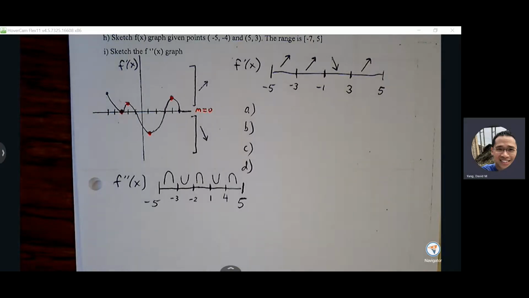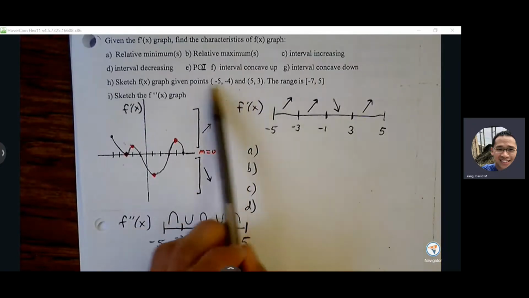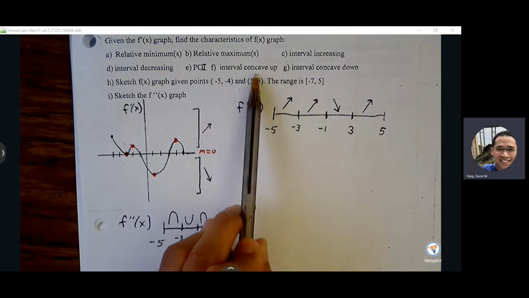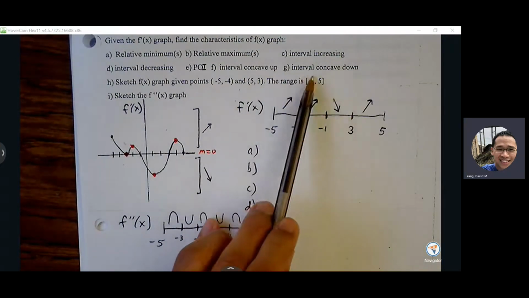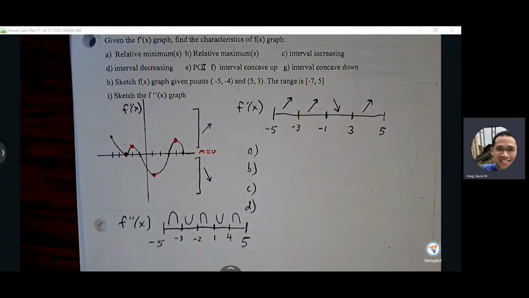Everybody okay so far? Okay, so see if you can fill out E through G, and then because statements for each of them. Because statement for point of inflection, because statement for interval concave up, because statement for interval concave down.